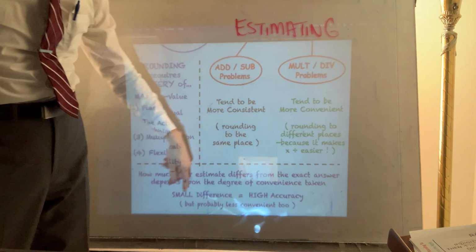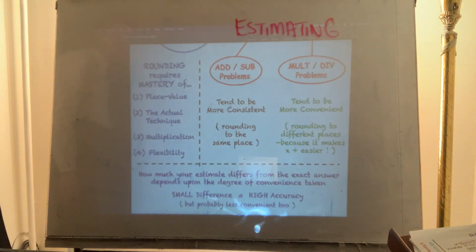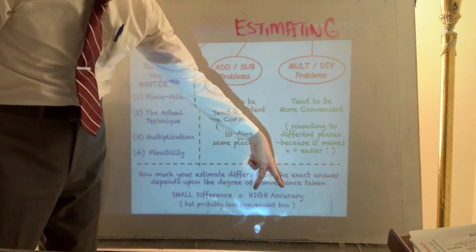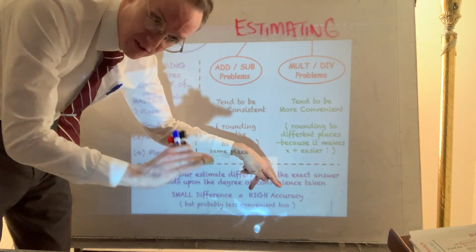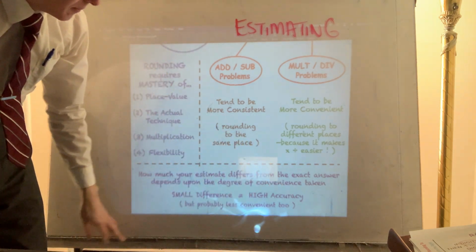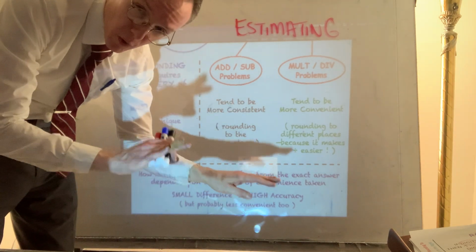A small difference between the estimate and the exact answer would suggest that you have high accuracy, meaning that you're very close to the exact answer. But probably in that case it would be less convenient. That's the trade-off.